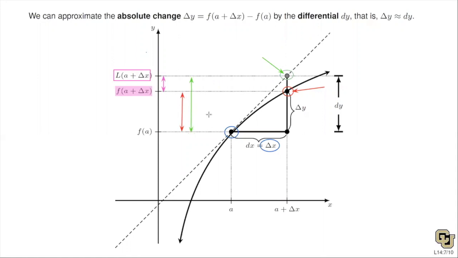And again, the difference in the height is what we call the error. And so that's differentials, just when we use L of a plus delta x minus f of a instead of f of a plus delta x minus f of a. And linearizations is when we approximate f of a plus delta x with L of a plus delta x. Okay.